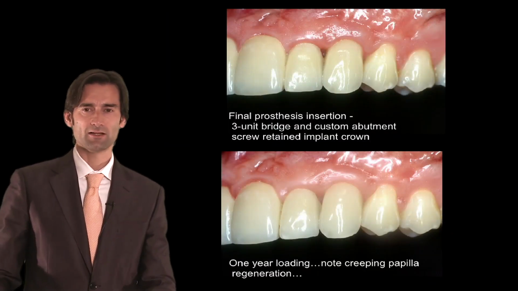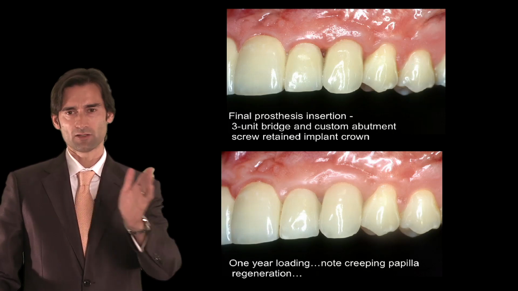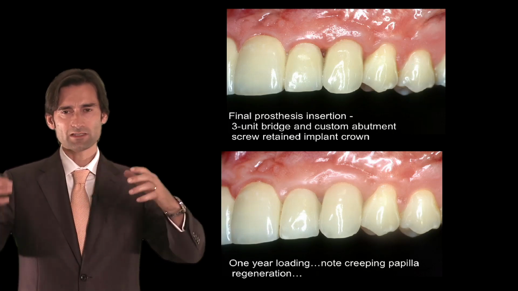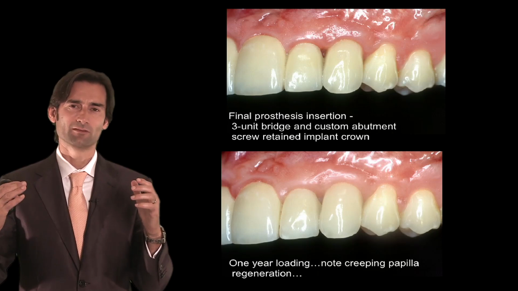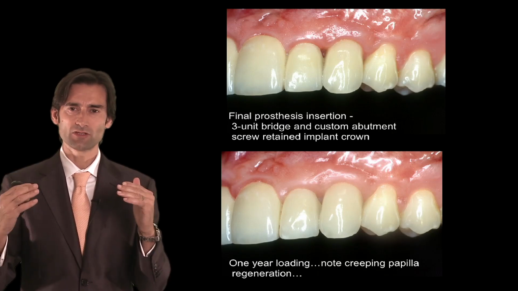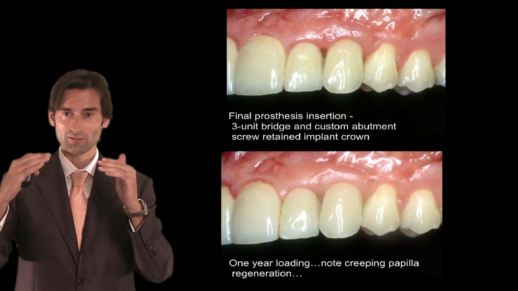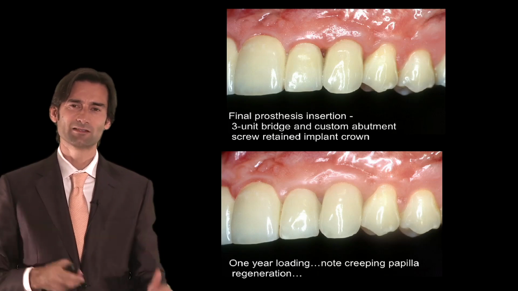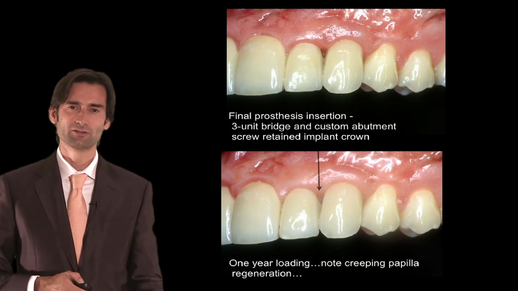And then you can see here, specifically when you go to the final on the right side of the photographs, a 1-year loading, how the soft tissue can even creep in. So you have here a proper soft tissue margin on the facial, but we even have a full gingival papilla on the mesial and on the distal of that single tooth.